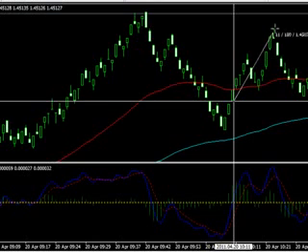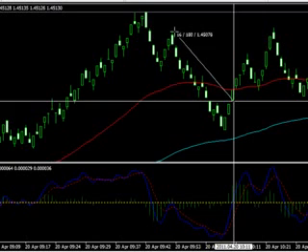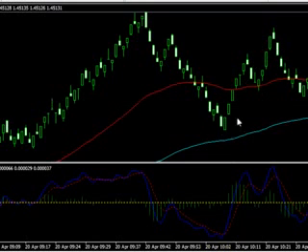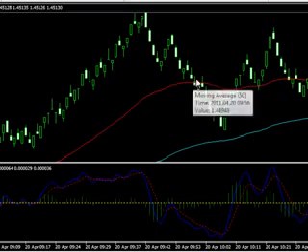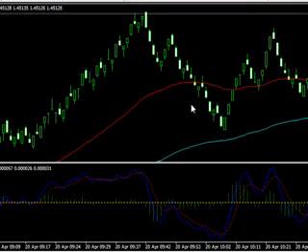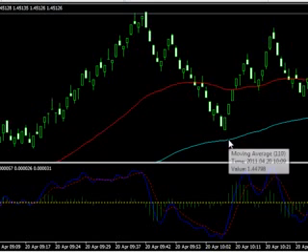If we pull back, we can take another 18, or probably another 8, so to this swing high here, if that's what we were after. So this is still a valid entry. I just wanted to show you as an example that it might break through the 50. It's not always going to bounce off the 50, but as long as it stays between the 50 and the 110, then we're okay.